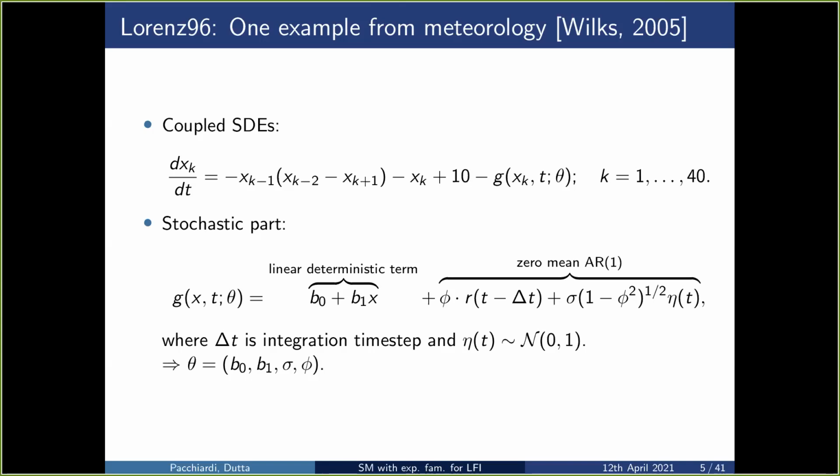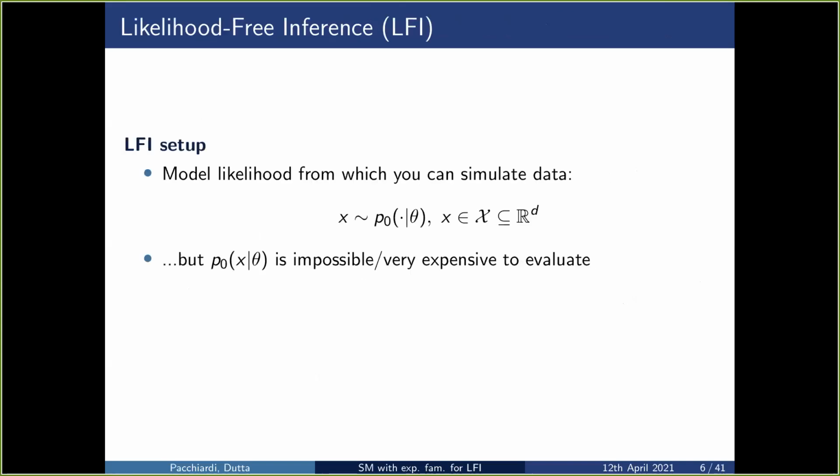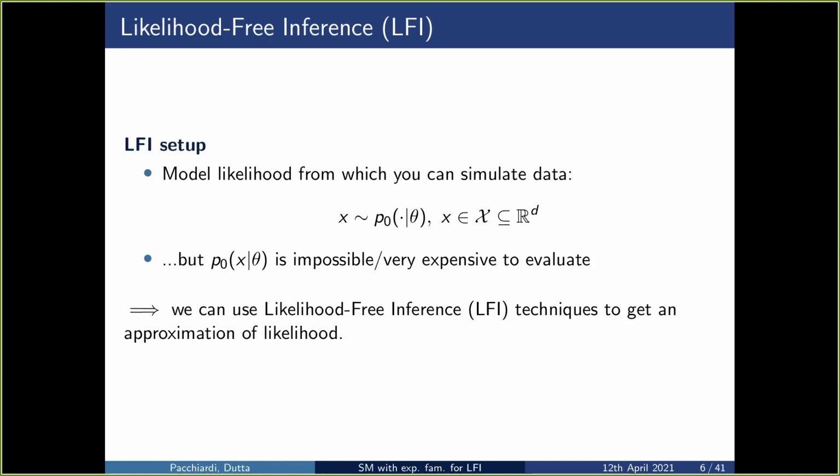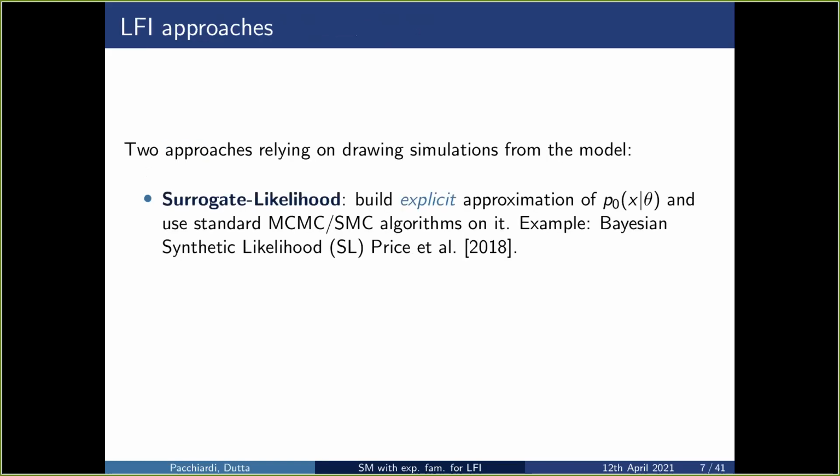So how do we deal with it? We have heard a lot of different talks. Now, in this scenario, we know the likelihood from which you can simulate. So we can simulate data, but we cannot compute P0. Until now, the techniques in likelihood-free inference scenarios, and a lot of new methods we have been hearing, are twofold.